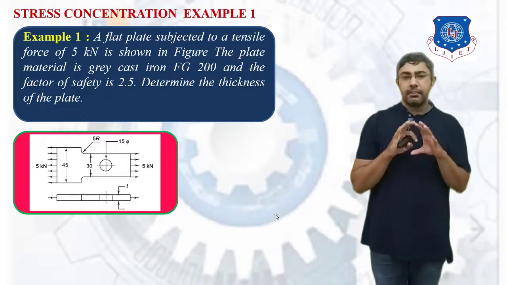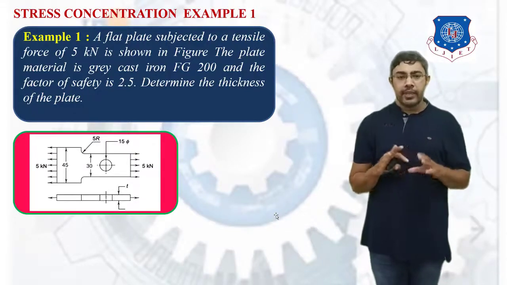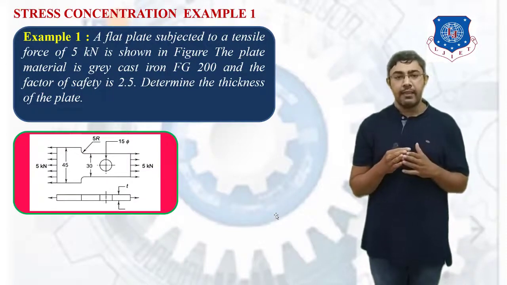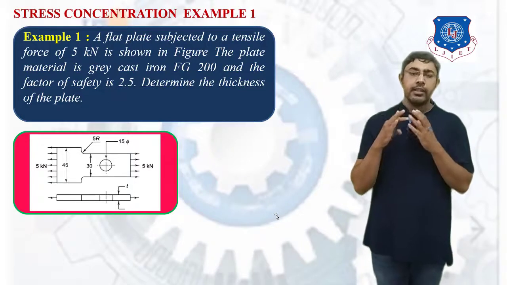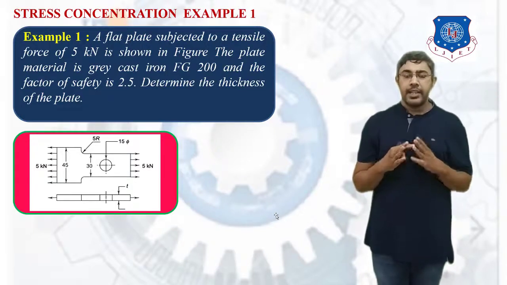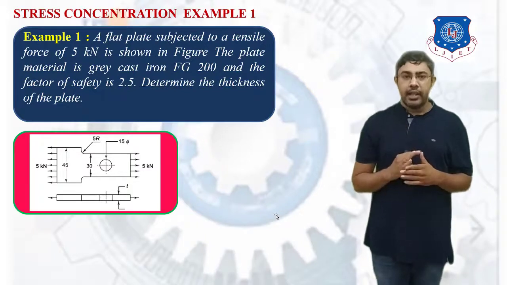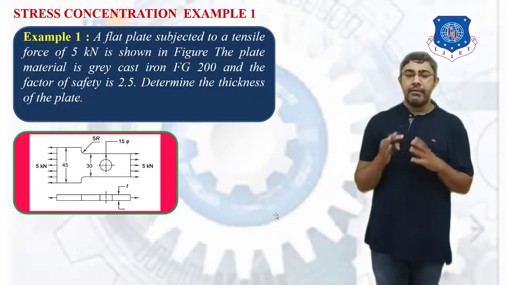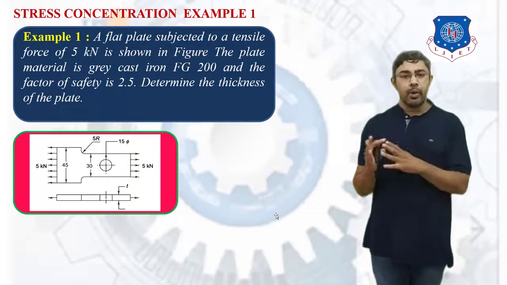The given condition is a stepped plate with a fillet at the change in cross-sectional area and one drill hole in the smaller width portion, with thickness t unknown, SUT 200 Newton per mm square and factor of safety 2.5.